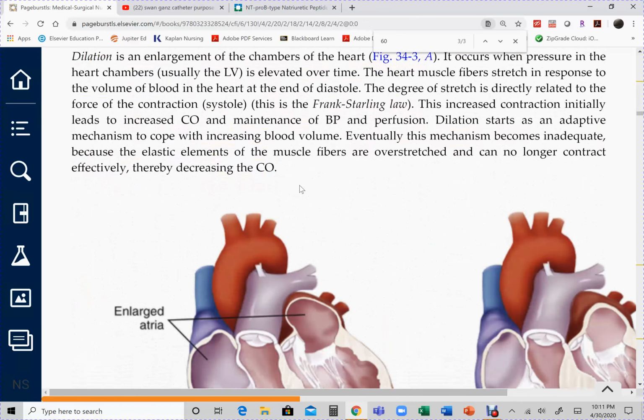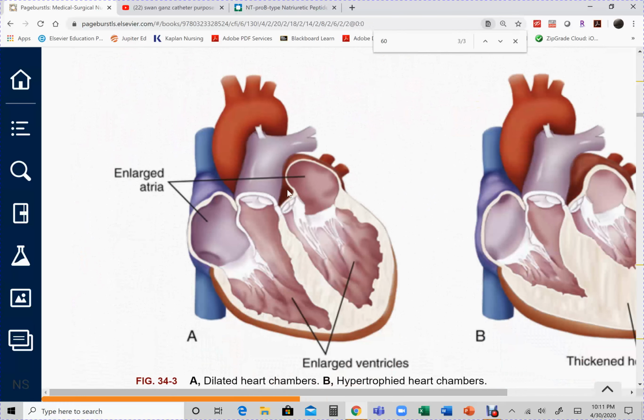The picture's right here. So look at here, this is dilation. Dilation will result in the thinning of the walls of the heart, whereas hypertrophy causes the thickening of the ventricles.